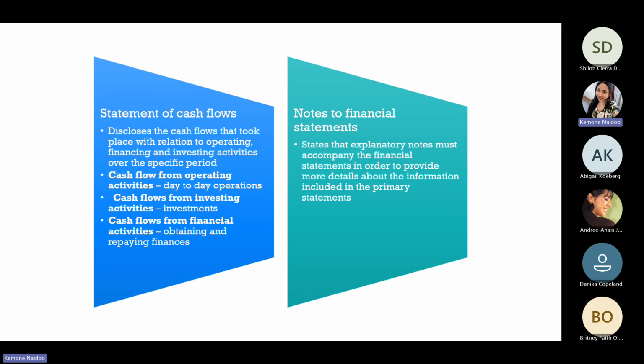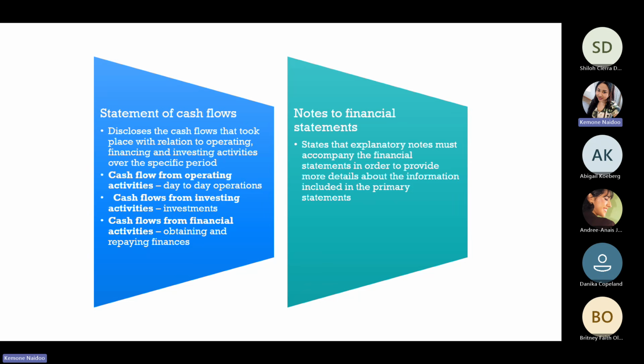Now we get different types of activities within a business. We have our operating activities. We also have investing and financing activities that we look at. So cash flow statements help us look at how money is moving within an organization in terms of our day-to-day operations.